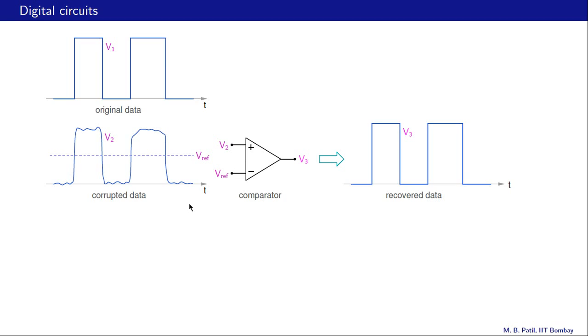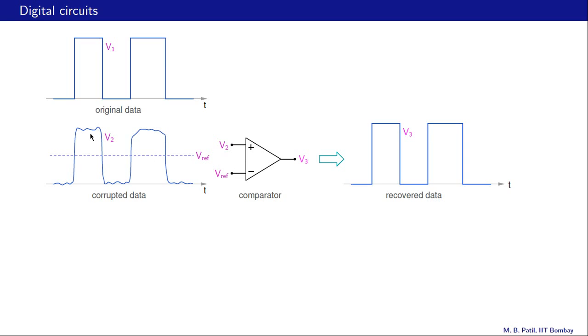It turns out that we can easily recover our original data, denoted by V1 here, from the distorted or corrupted data V2 by passing V2 through this comparator. So what do we have here? The minus input of the comparator is connected to this level Vref, where Vref is in between the low and high values here, and the plus input is connected to V2.